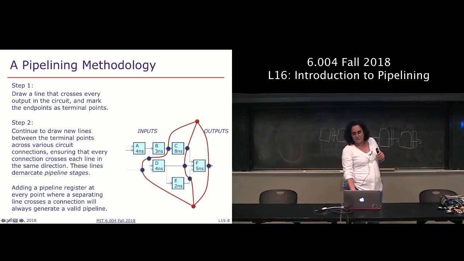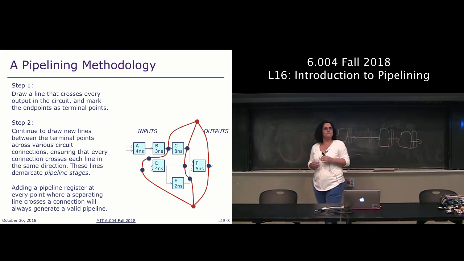Every one of these blue circles corresponds to a register, and you'll see now that no matter what path I follow, I have exactly 3 registers from input to output, right? So I have 3 registers if I go this way, I have 3 registers if I go from here, and so on. Okay, is that clear?